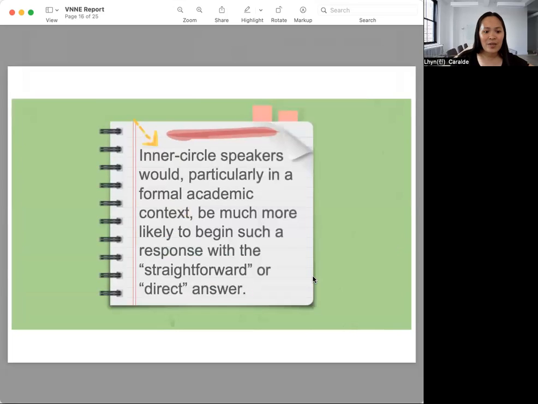Inner circle speakers would, particularly in a formal academic context, be much more likely to begin such a response with the straightforward or direct answer. So as what I've said a while ago, the English native speakers, they answer with a straightforward or direct answer.